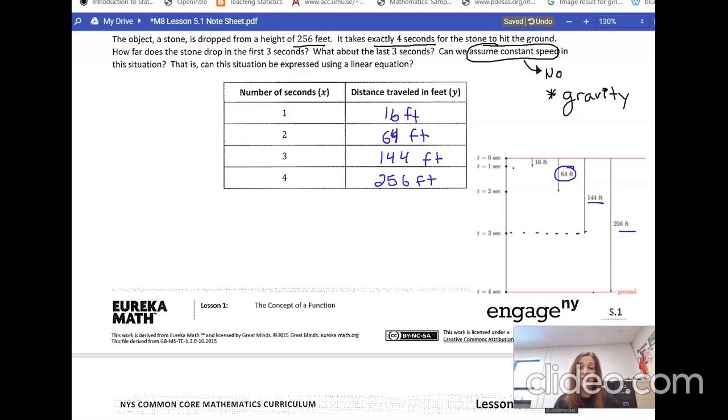So again, this idea of a function, and what we're going to do with it, is they don't have to be linear. You can have a linear function, but it doesn't have to be linear. And so again, in this lesson we're just talking about the concept of a function and what it means, like in a table here, our input values, x's, in relationship with our output values, y.